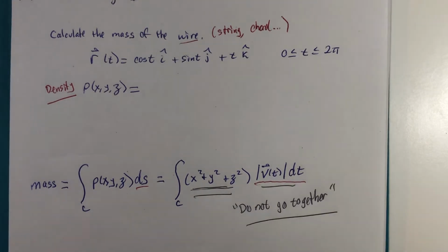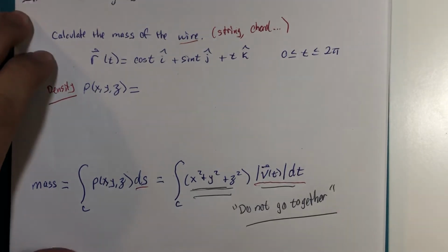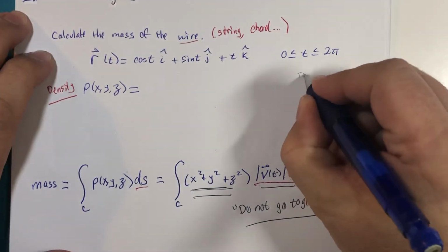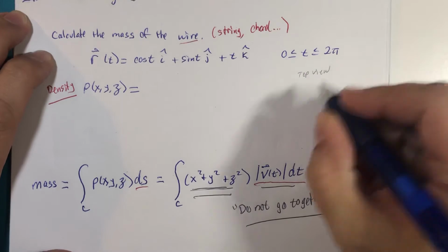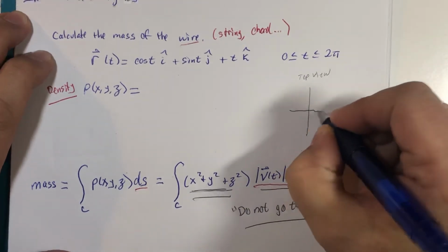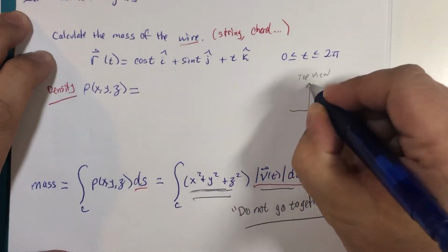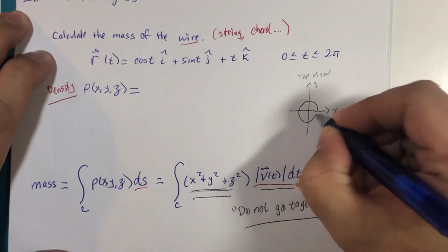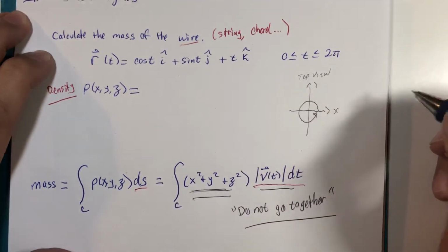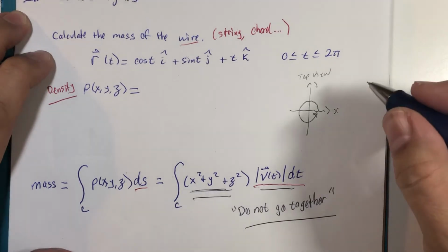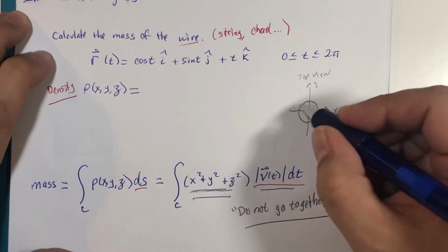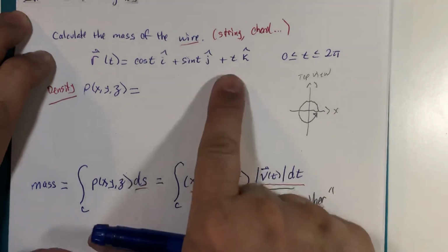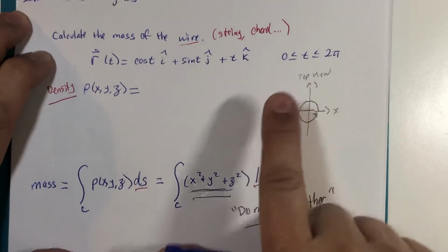I don't have very good luck sketching this graph in 3 dimensions, but if you were to look at the top view in the x and y world, it will generate a circle once around. But as you go around this circular path, the z value is going to increase, so it's going to go up.